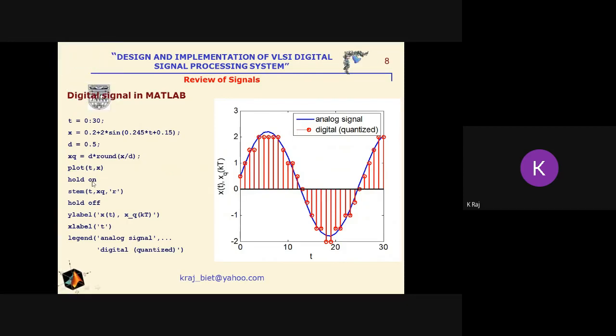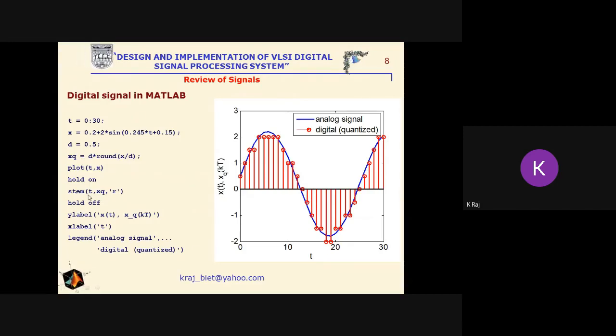Hold on means this graph will be held till the hold off.